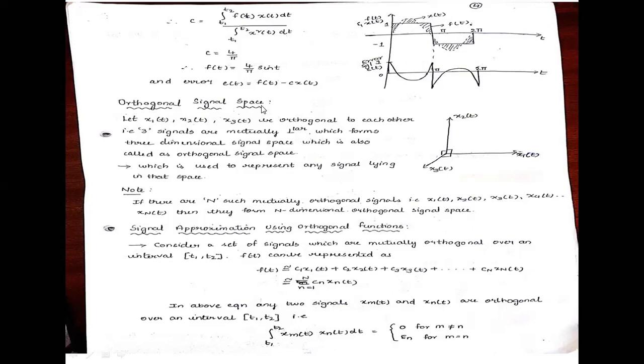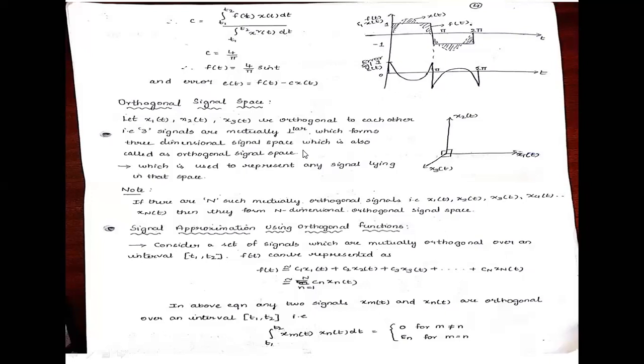Again, you can see the orthogonal signal space is nothing but: let x1 of t, x2 of t, x3 of t be orthogonal to each other. That is, three signals are mutually perpendicular, which forms a three-dimensional signal space, which is also called an orthogonal signal space, used to represent any signal lying in the space.